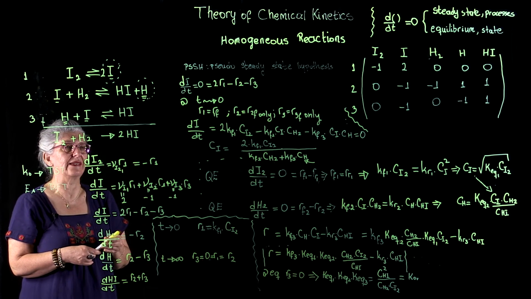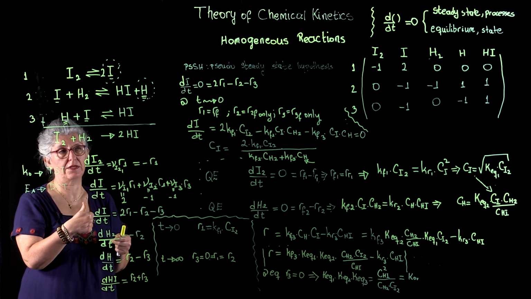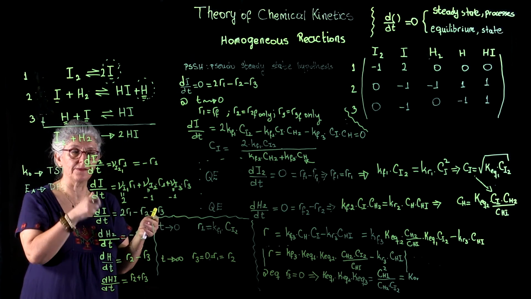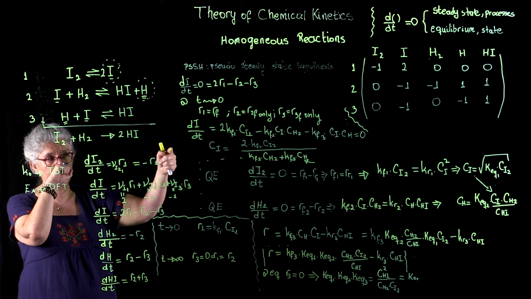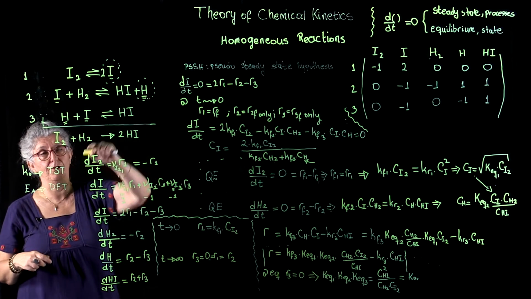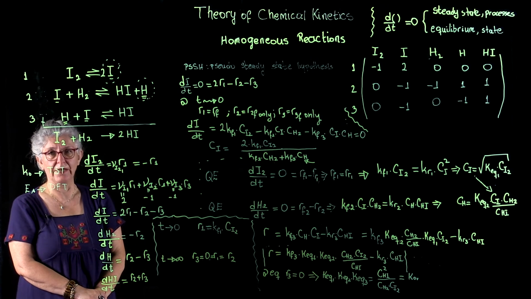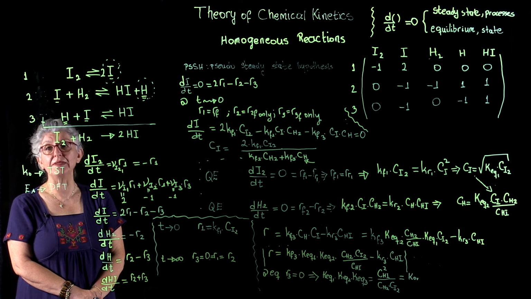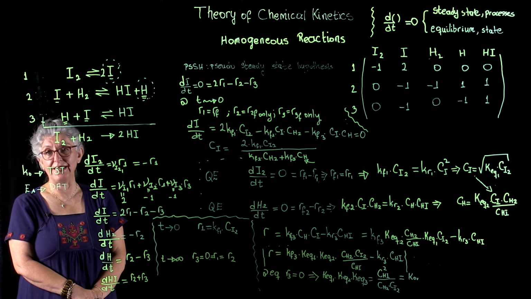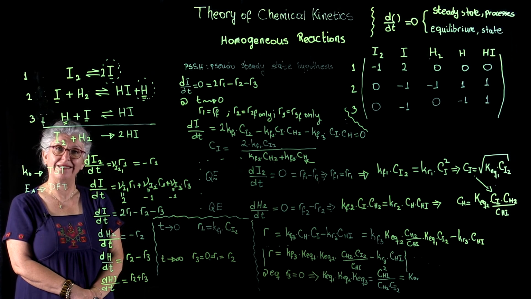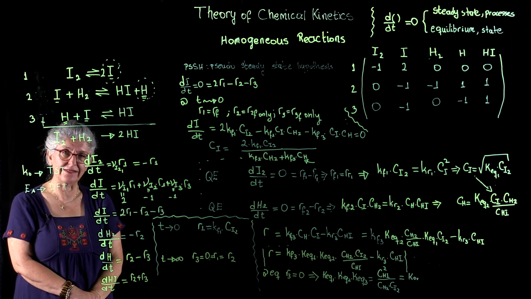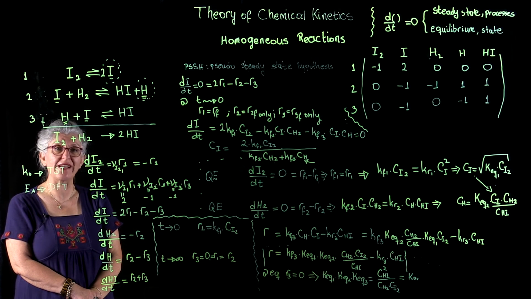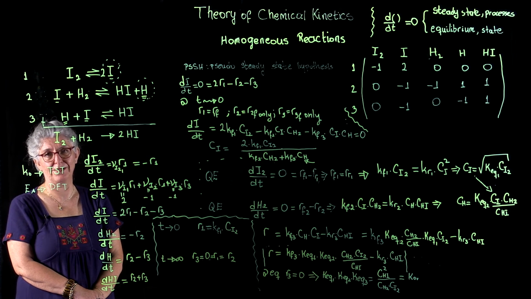Different stages meant that we have different concentrations of the reaction intermediates. There is one more condition, and that is that at different temperatures, the rate constants, k's, are going to be different, and hence forward and reverse rates are going to be different.